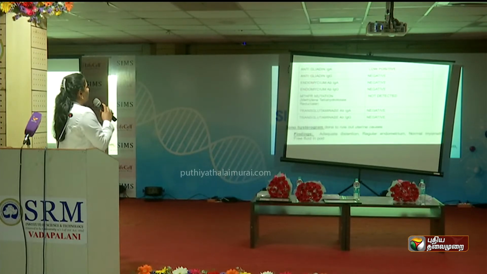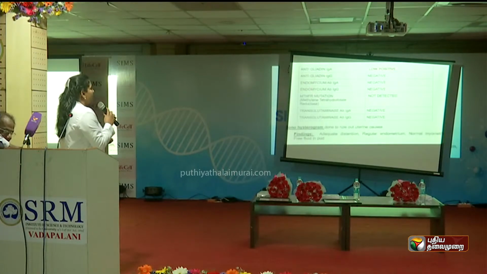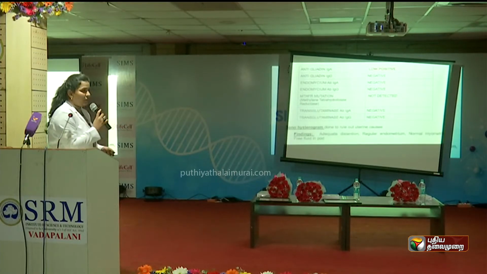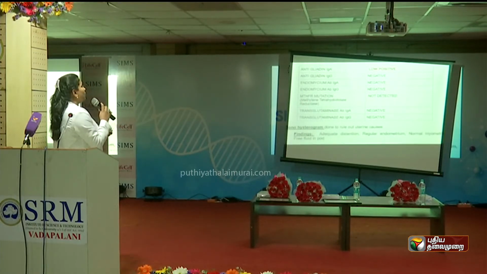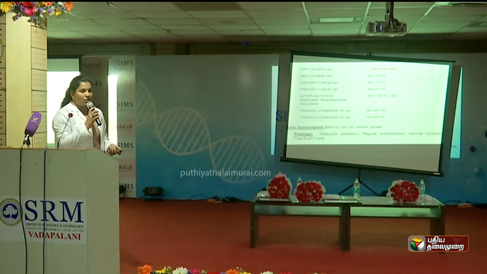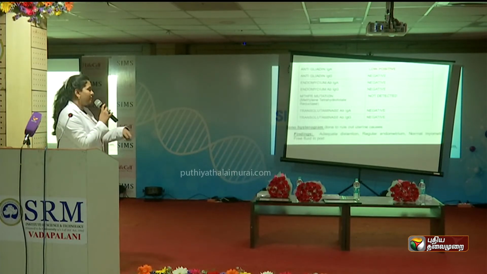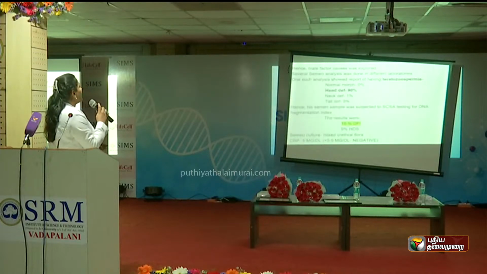Her anti-gliadin IgA was low positive, but then endomysial antibody was negative, the methylenetetrahydrofolate reductase mutation was not detected, and transglutaminase antibody was negative. A hysterosalpingogram was done to rule out uterine causes, and that was normal: adequate distension, regular endometrium, normal myometrial junction, and free fluid in the POD.